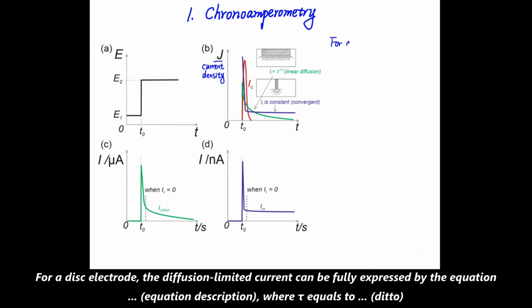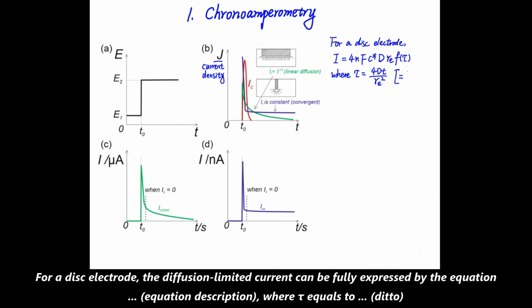For a disk electrode, the diffusion-limited current can be fully expressed by the equation 4 n F C* D Re f(τ), where n is the number of electrons transferred, F the Faraday constant, C* the bulk concentration of the species, D the diffusion coefficient, and Re the electrode radius, times f(τ), a function of dimensionless time τ, where τ equals 4Dt divided by Re squared, or can be written as the square root of 4Dt divided by Re squared.